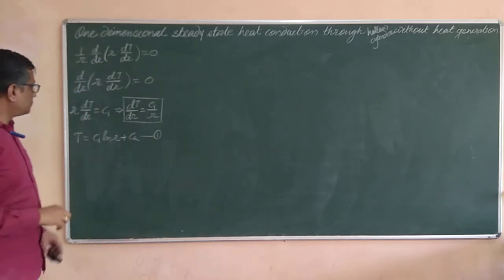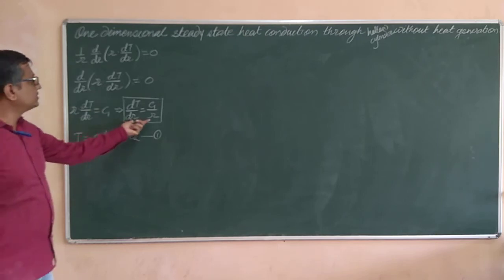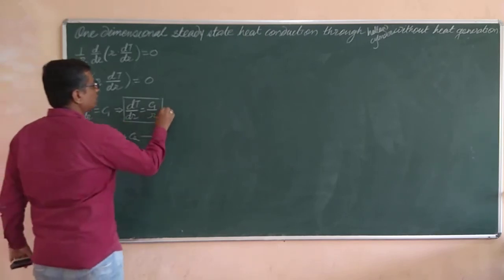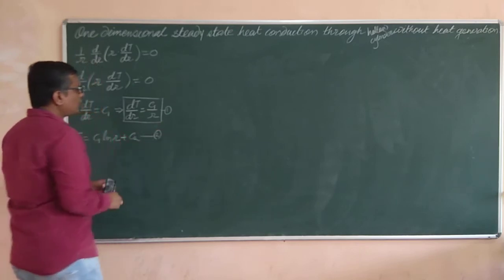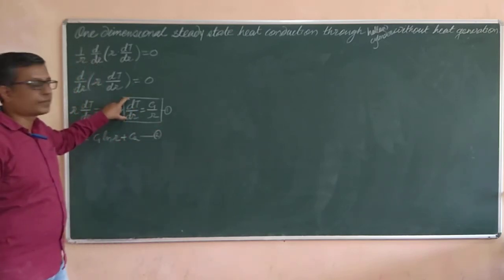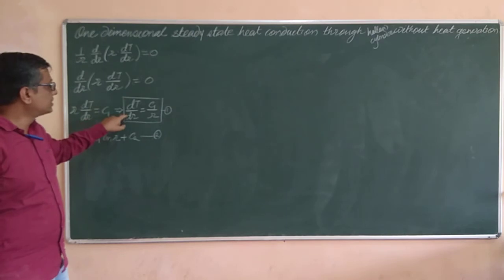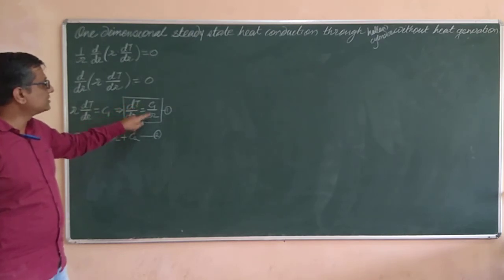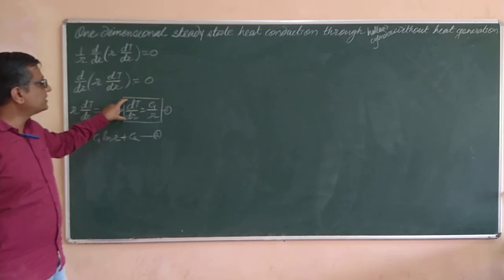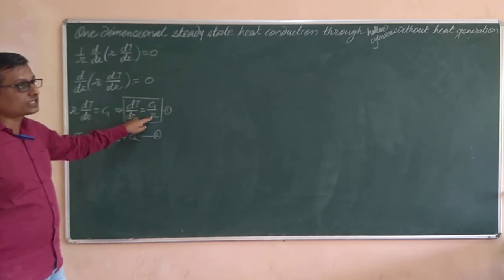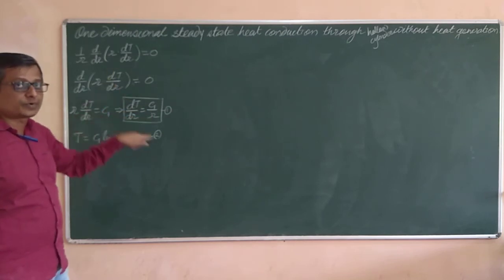Now let us say this equation is equation number 1 and this equation is equation number 2. So equation number 1 gives you the slope of the temperature curve along the radius, and that is equal to C1 by r. As C1 is constant, dT by dr is inversely proportional to r. So the curvature is not linear, it is inversely proportional to the radius r.